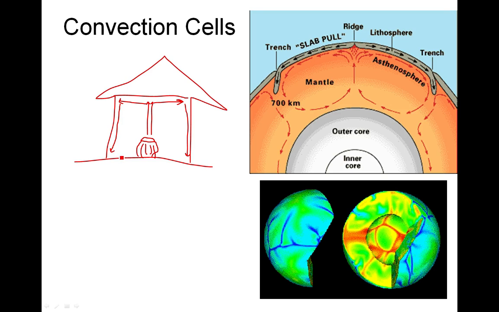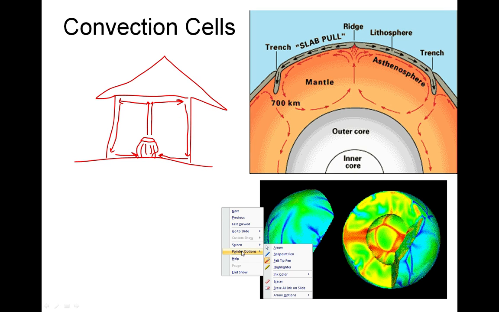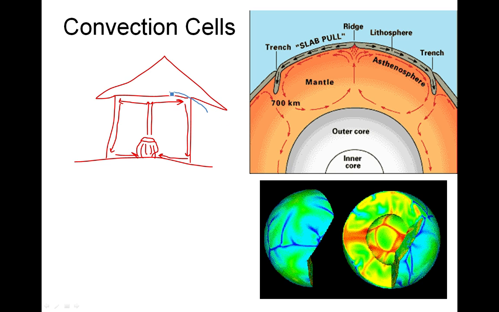It hits the ground, it spreads again, it gets to the stove, heats up, and the process starts over again. So each of these is a convection cell. So here is a convection cell right here. So two convection cells. Harry Hess said that is what is in the asthenosphere, and that is what is causing the seafloor to spread and then the continents to move.